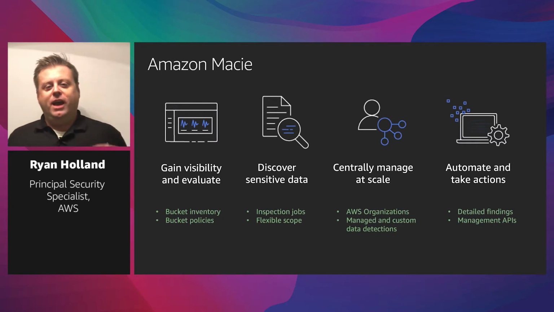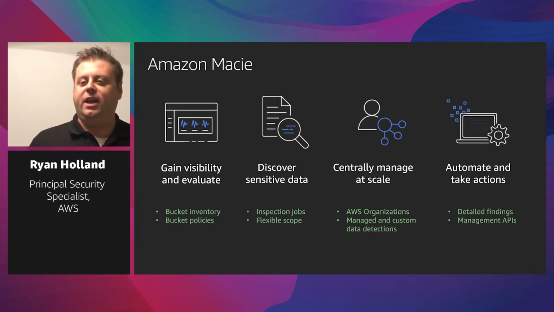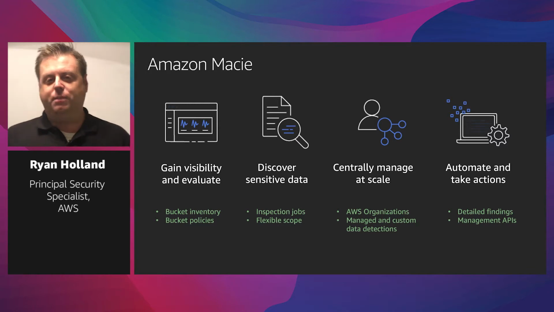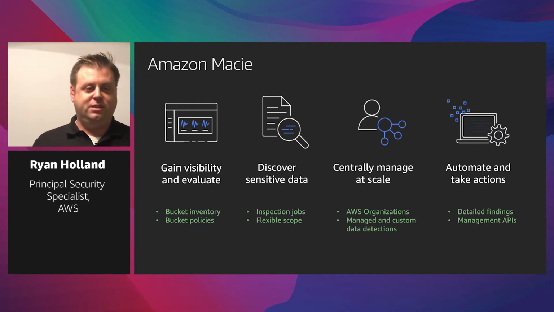From a very high level, there are four key features that we tried to add with Amazon Macie. The first one is really important, and it's understanding and providing visibility into what you have out there in S3. This was a pain point we've heard from customers, especially when you start having lots and lots of accounts.